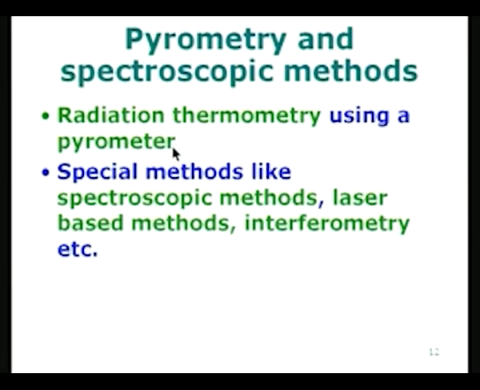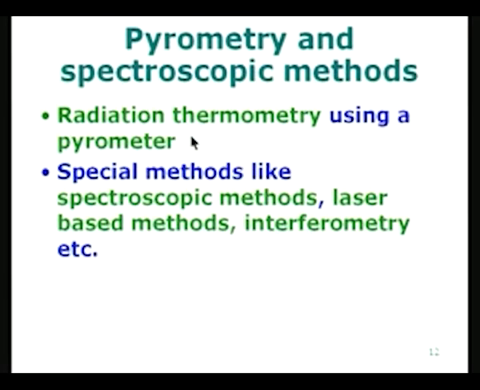Later on we will describe more fully the pyrometer and how it works, but right now it is sufficient to understand that the basis of the pyrometer is comparison between the source or the target whose temperature I want to find out and the temperature of a black body which has got a certain match between the two. We will describe it more fully later on.